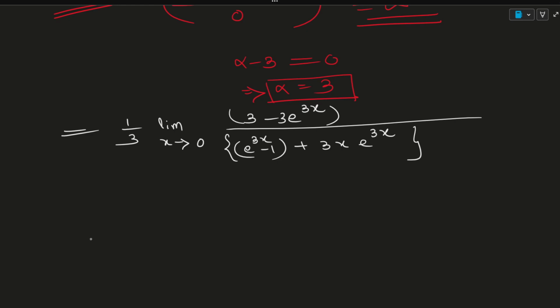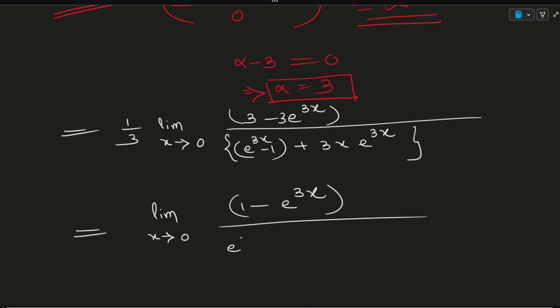Then taking 3 common from the numerator and taking it outside the limit, we can cancel out 3 with the common 3 that we have taken from the numerator. So again we can write here, as x tends to 0, it will be 1 minus e to the power 3x divided by e to the power 3x minus 1 plus 3x e to the power 3x.